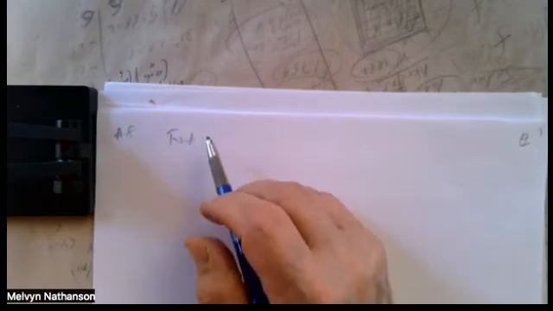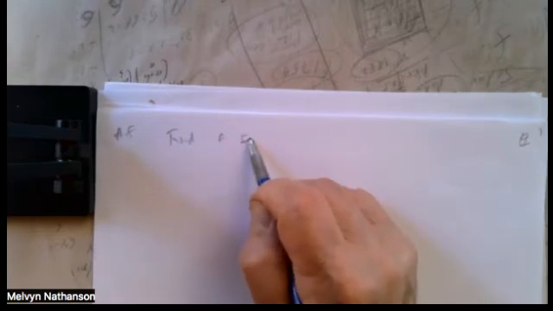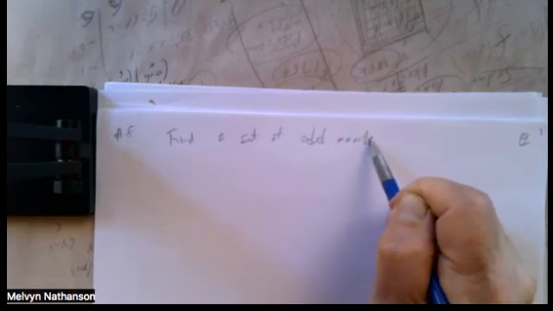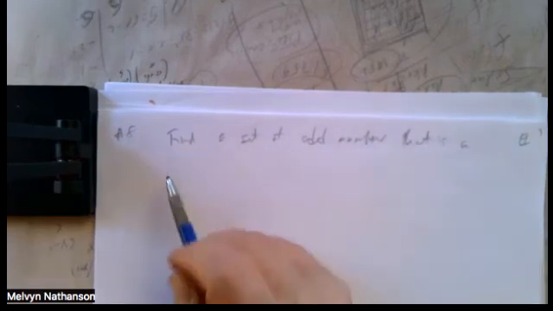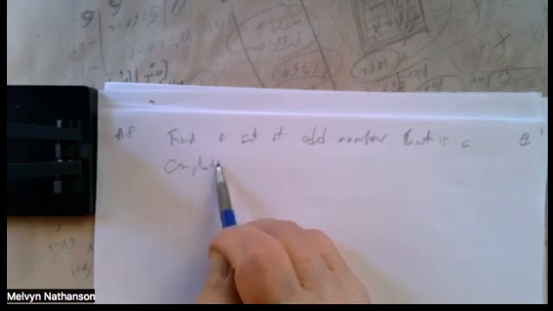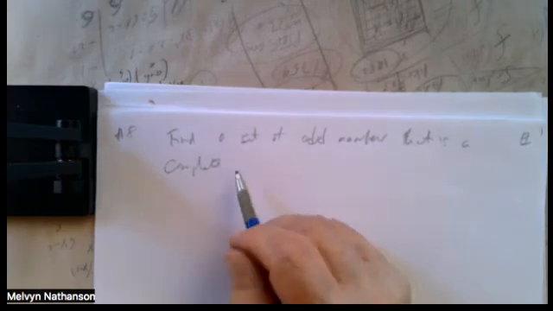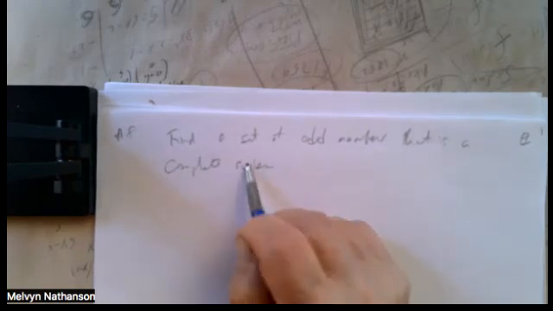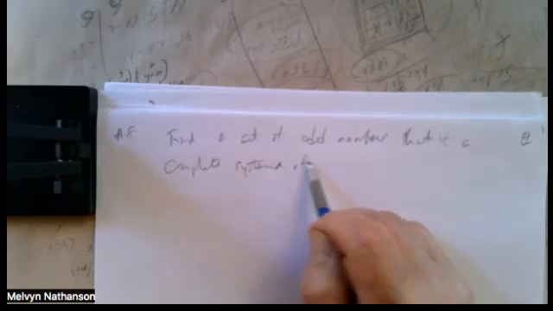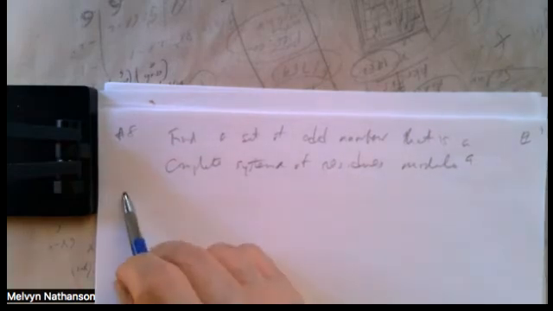We want to find a set of odd numbers that is a complete system of residues modulo 9.